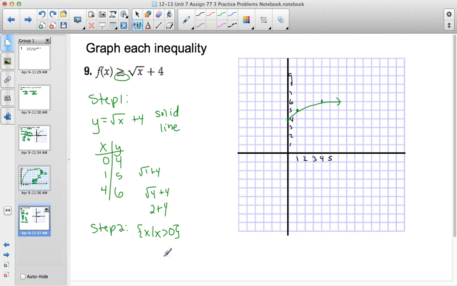So that means everything to the right of the y-axis. My shading cannot be on the left side of the graph, okay? And because it's greater than, my shading will be above. So my shading goes here, but it cannot go to the left of the y-axis because x has a restriction where it cannot be less than 0.